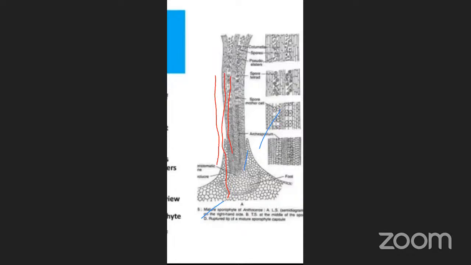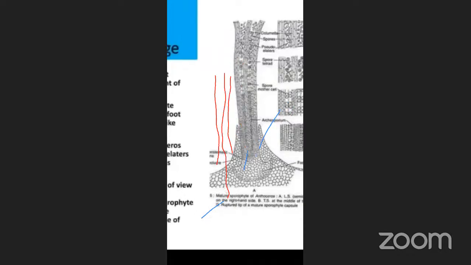Here a bulbous foot is present, embedded in the gametophytic tissue, and instead of a seta, a meristematic tissue is present in Anthoceros. The central columella is also there.